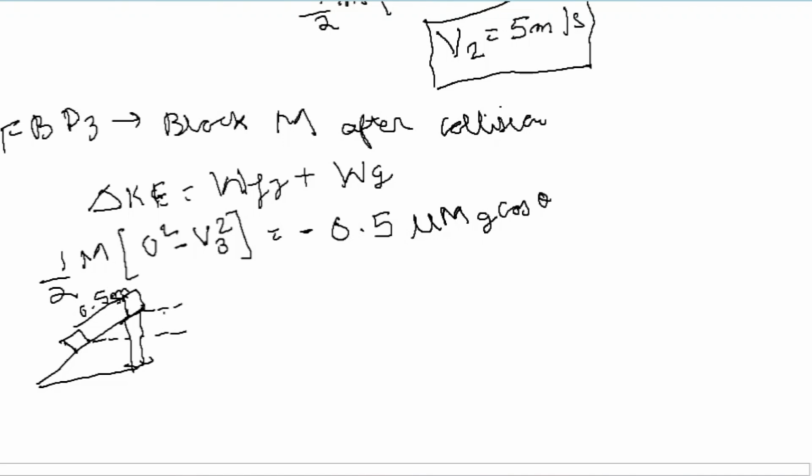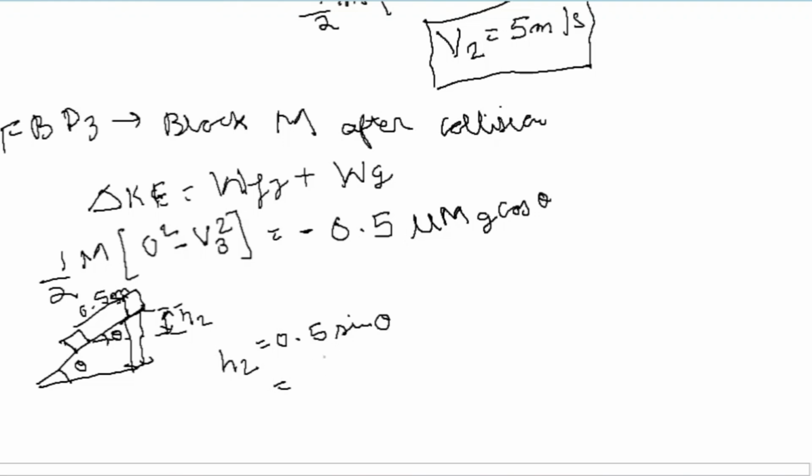Here the vertical distance we will be considering as h2, and h2 will be equal to 0.5 sine theta, because if this angle is theta, then this angle will also be equal to theta. So from here we will be calculating the value of h2, as sine theta is given in the question.